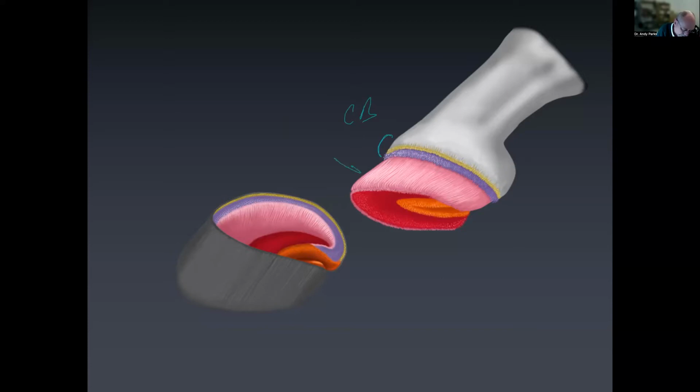This one here forms the lamellae. This one here forms the sole, and this one here forms the frog. And as you know, anyone who's looked at lots of horses' feet knows those areas are quite different. And they're different because they're made of different tissues.